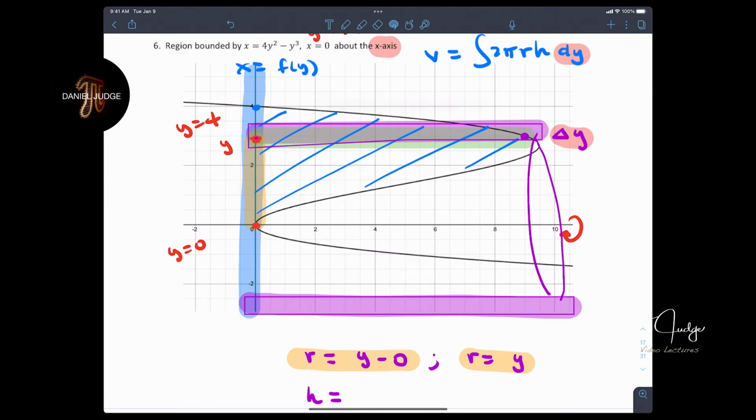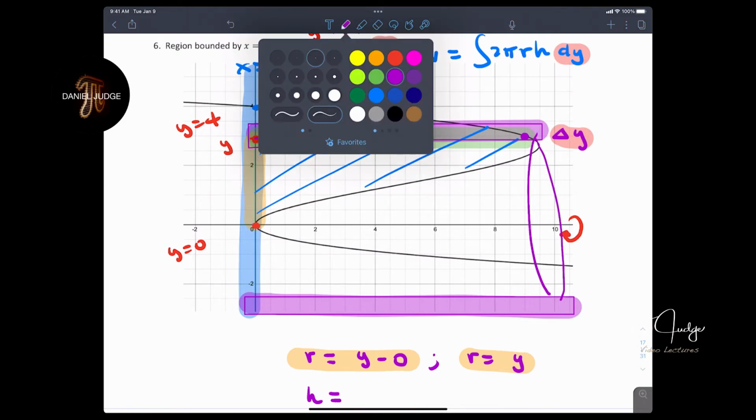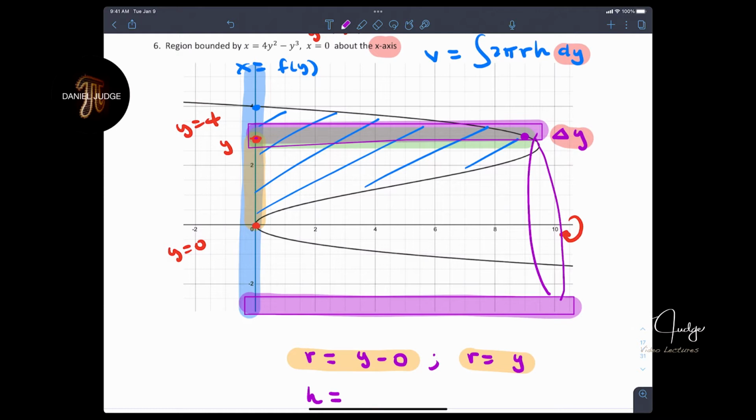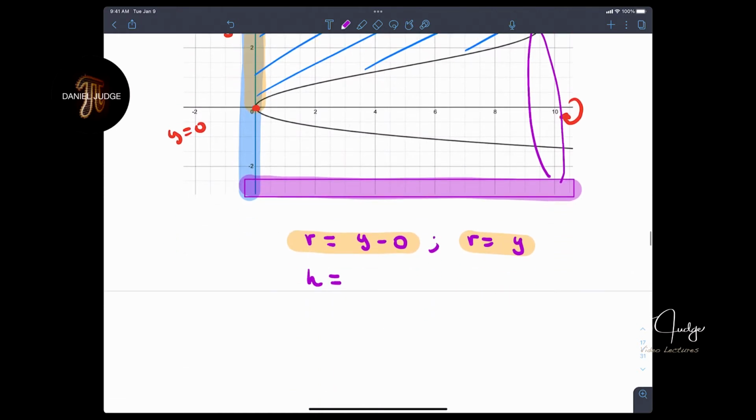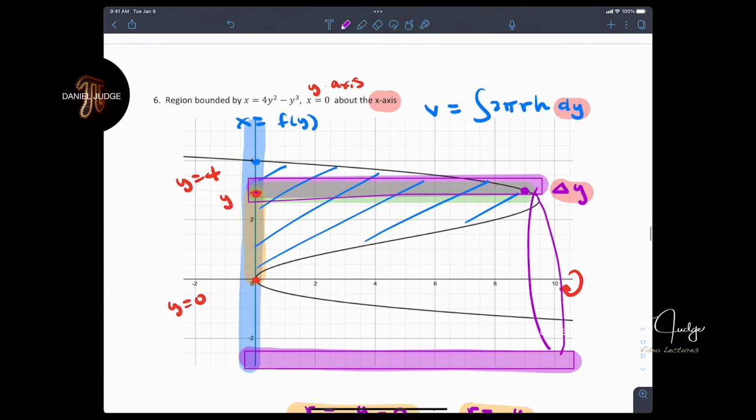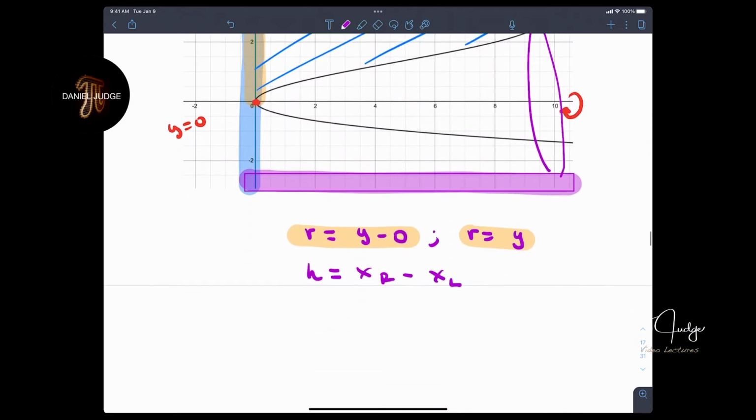Remember, that's a horizontal kind of question: right minus left. Now, the right is the black curve. So it's XR minus XL, the left curve. This is XR, this is XL, if you can see that. XL is 0. So we have 4y squared minus y cubed.